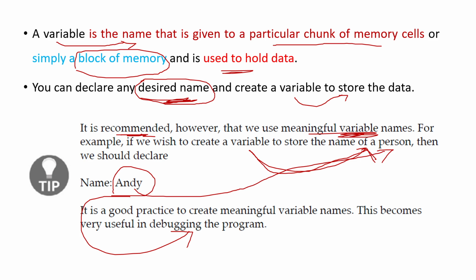In this case, we have created a variable called Andy. So by looking at this name, we can at least understand that the variable is holding something about the person, or the particular name of the person.